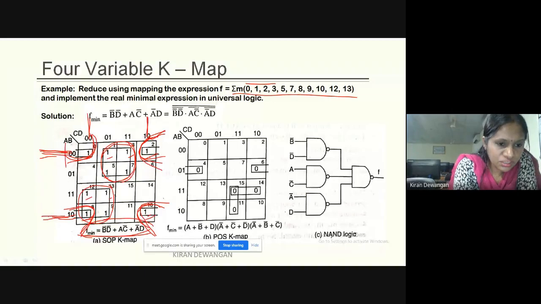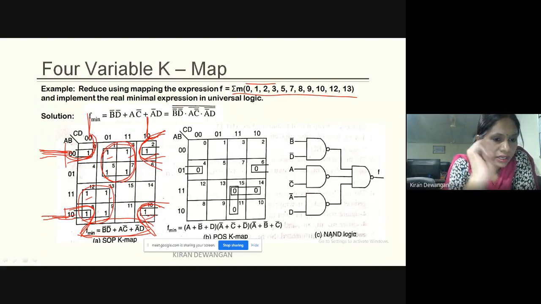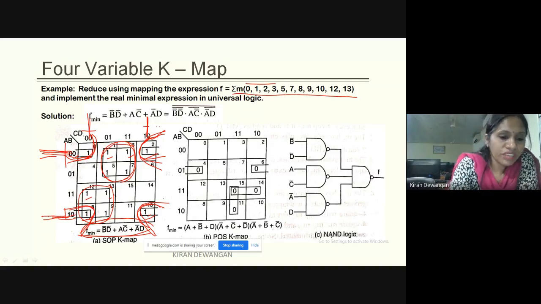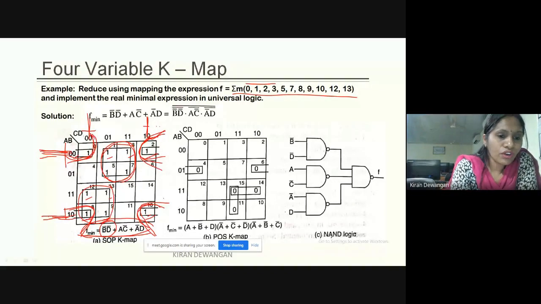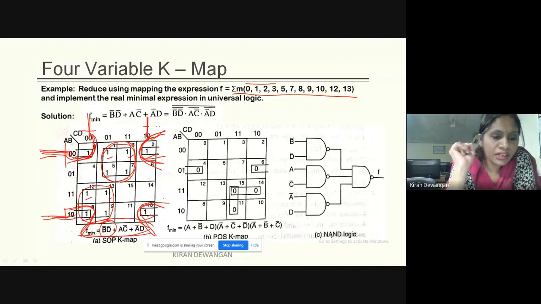So in these 2 rows, we'll check कि कौन सा variable common है. Here we can see B bar is common, and in these 2 we can see D bar is common. So we have written B bar D bar. Clear? So B bar D bar is the term for this corner quad. Corner quad का term है B bar D bar.